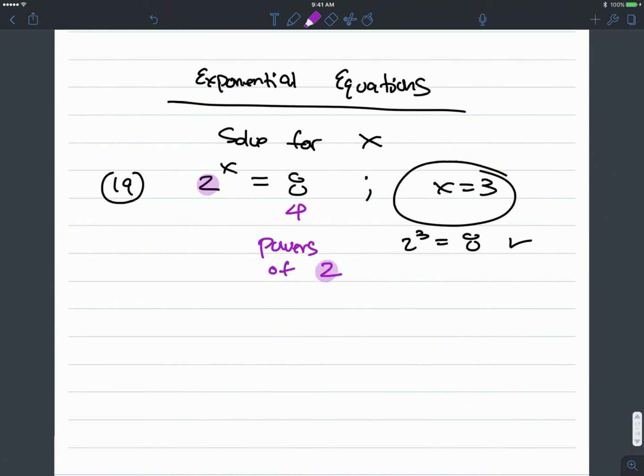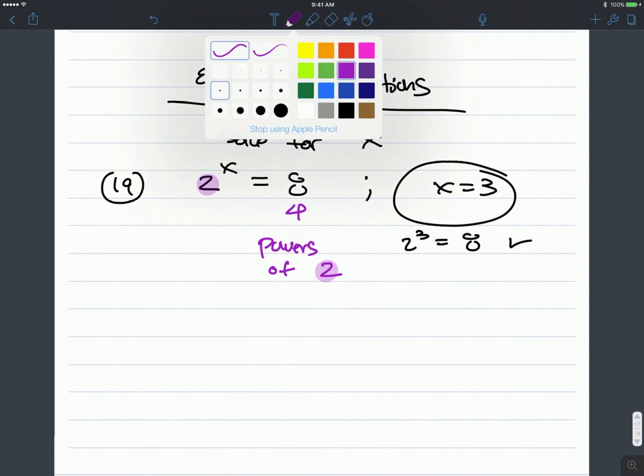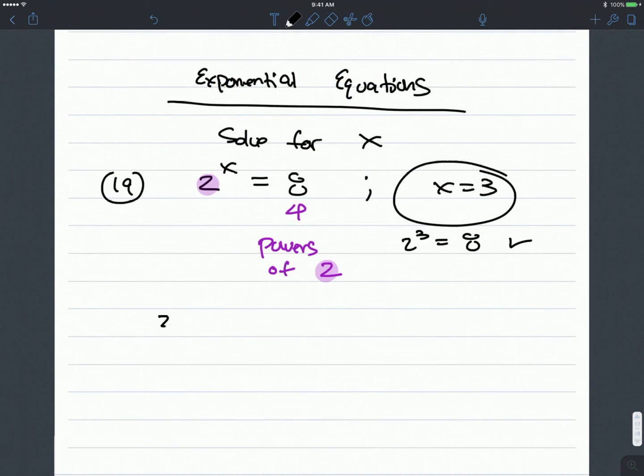Write the 8 as a power of that same base. Do you guys happen to know how I write 8 as an exponential that has the base 2? You say you write it as 2 to the what? 3rd power. You guys okay with that?